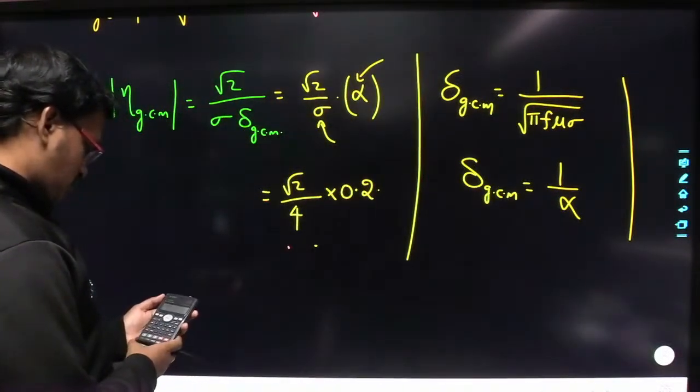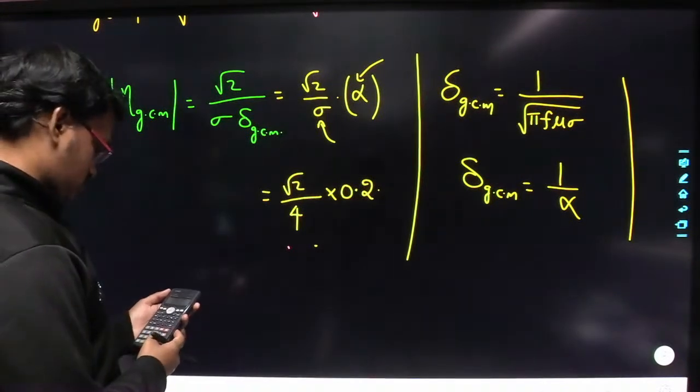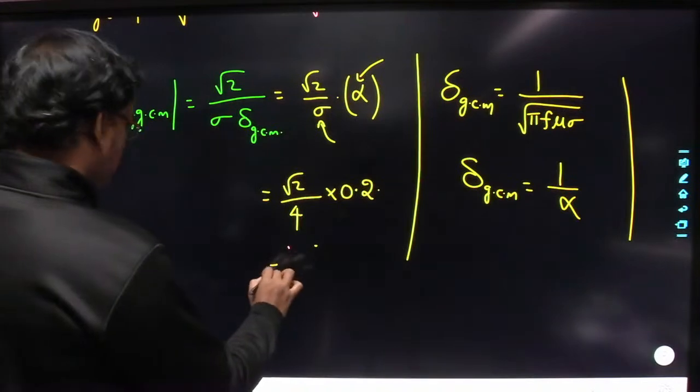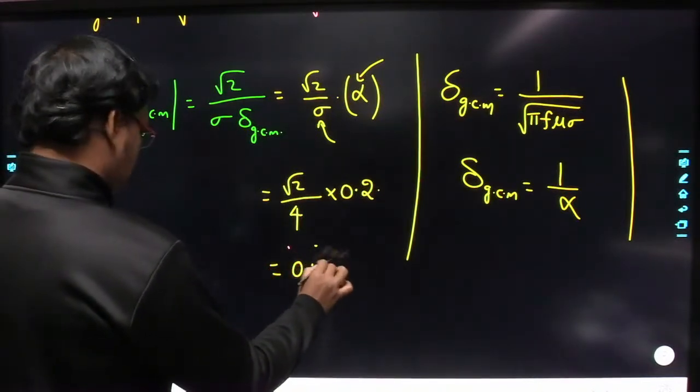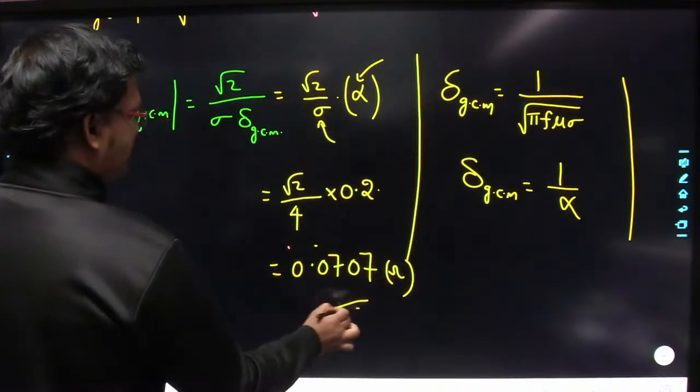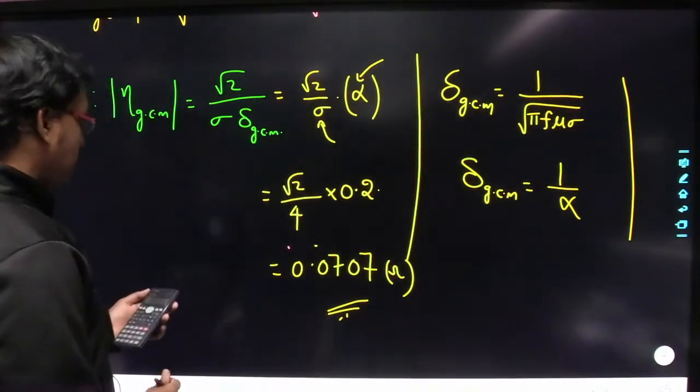So root 2 into 0.2 divided by 4. What do you get? You get 0.0707 ohms.